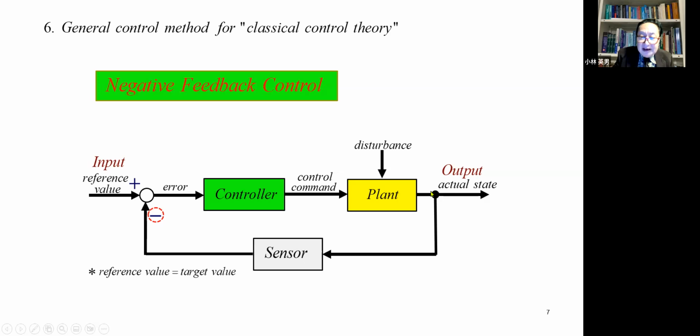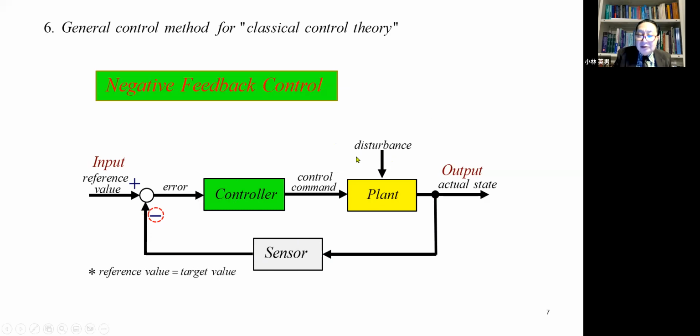Output is caught by the sensor. The sensor signal comes to this as a negative feedback signal. And controller: this controller means P controller or PI controller or PID controller. Then the plant is controlled.